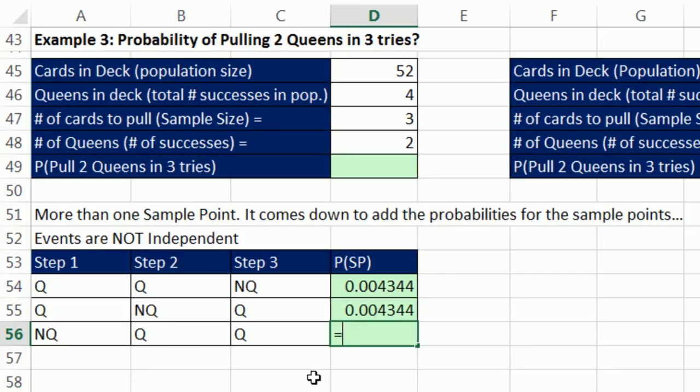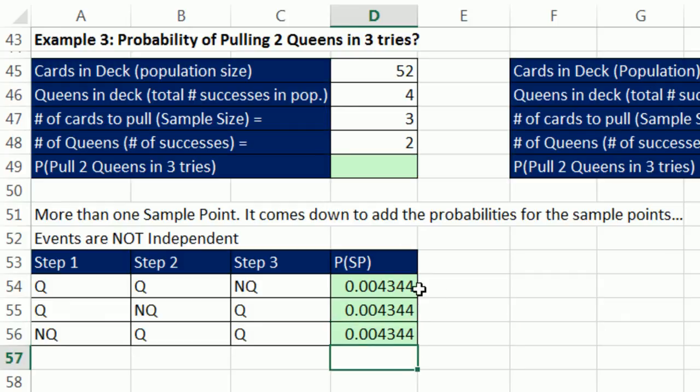So NQ is, well, 52 total cards minus the 4 queens divided by 52 times, well, there's still 4 queens left, so 4 queens divided by 51 times how many queens left? 3 divided by 50. And I see I got an extra parentheses here. Enter. And there we have it.